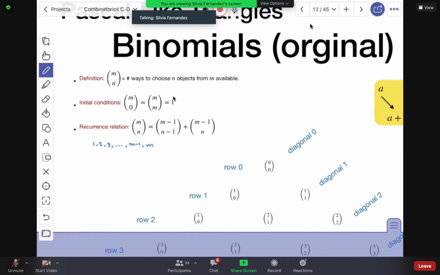You're supposed to choose n of them, and n is less than or equal to m in this case. So how can you do it? You can do it in 2 ways. You have those combinations that contain your last element, so we're going to make our last element special, those that contain m. And you also have the combinations that do not contain m.